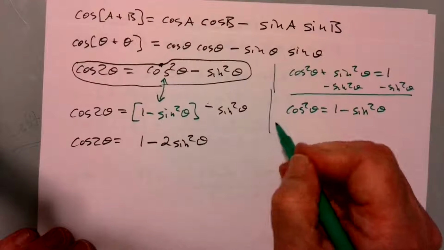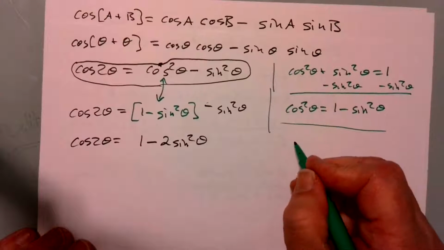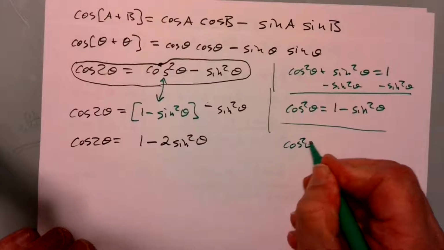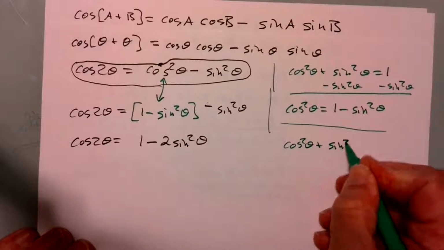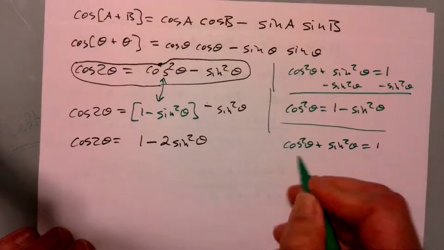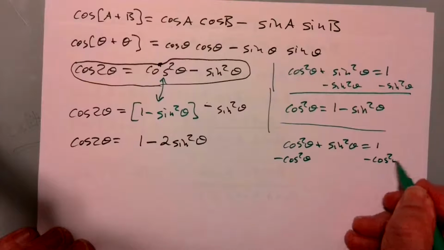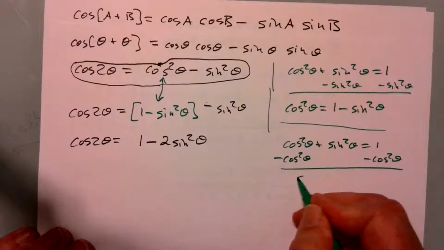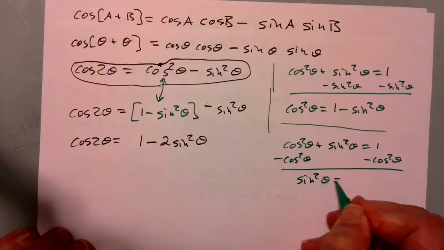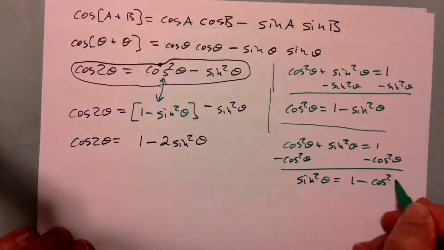So back to our Pythagorean identity. cos squared theta plus sine squared theta equals 1. We could subtract cosine squared theta from both sides. Then we get sine squared theta is 1 minus cos squared theta.